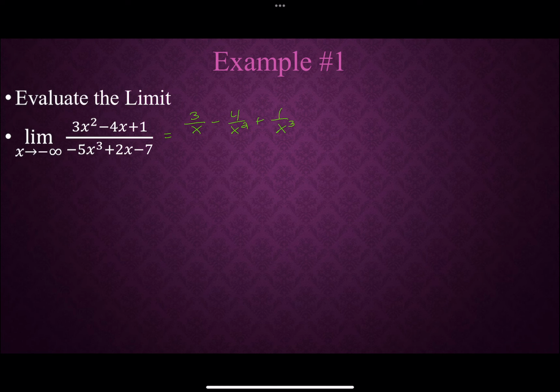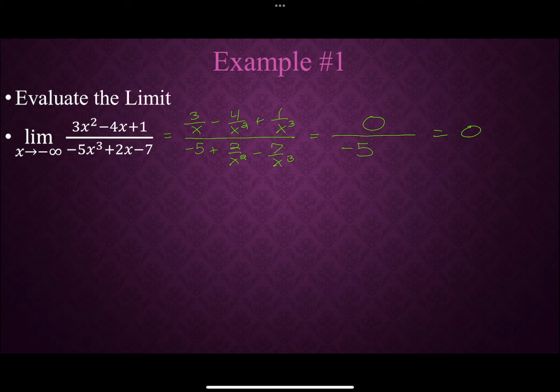X divided by x cubed gives x squared, that's why it's 4 over x squared. And there is no variable for the 1, that's why it's 1 over x cubed. On the bottom, the negative 5 is left alone because the x cubed cancels itself, and then 2 over x squared, negative 7 over x cubed. Each of those fraction terms goes to 0, so the whole numerator is 0, and there's only a negative 5 left on the bottom, which means the answer is 0.